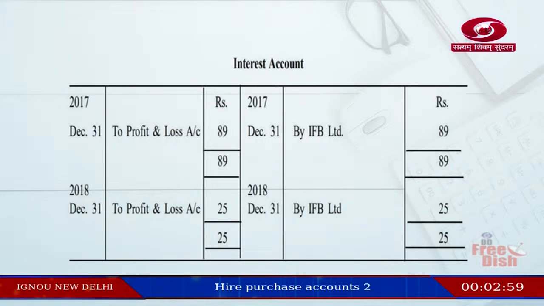So we'll make the journal entry, profit and loss account debit to interest, and here 89 rupees to profit and loss 89 rupees, and by IFB Limited, because at the end of the second year when the amount of interest became due, we made the entry hire purchaser account debit to interest, hire purchaser 89 to profit and loss 89. Second year again by IFB Limited 25 to profit and loss 25. For us, amount of interest is the income. So account of any incomes or gain is also transferred to the profit and loss account. Therefore, profit and loss account is written here.